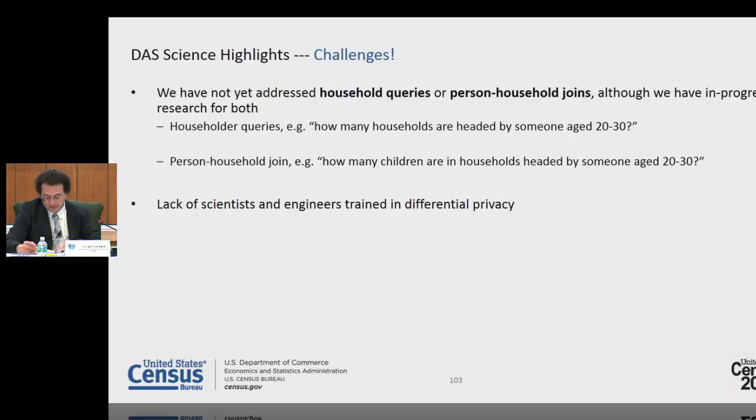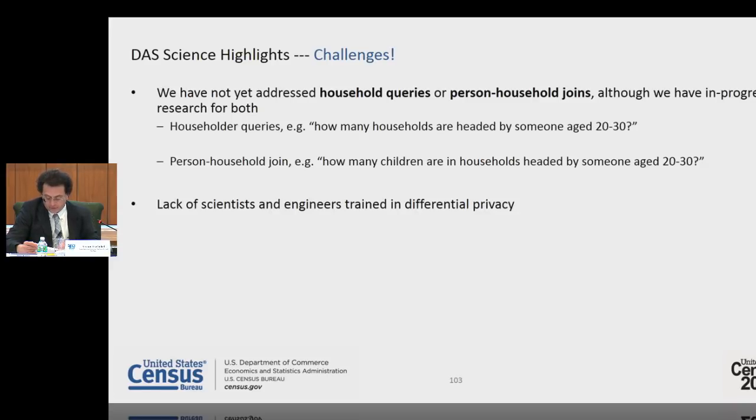Before I conclude, I do want to share two issues that we are currently working to address. First, the current DAS does not handle household queries or person-household joins, although we have in-progress research for both. So a household query is a query such as, how many households are headed by a person between the ages of 20 and 30?